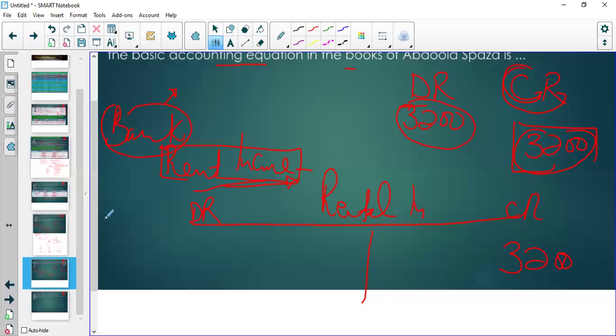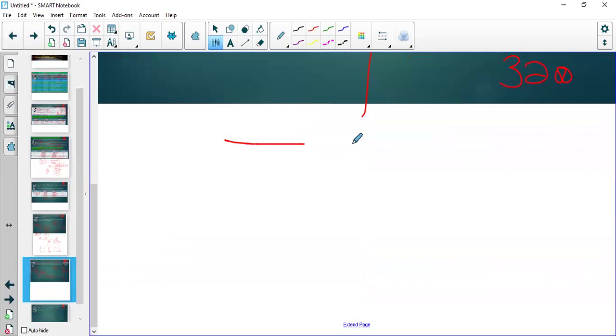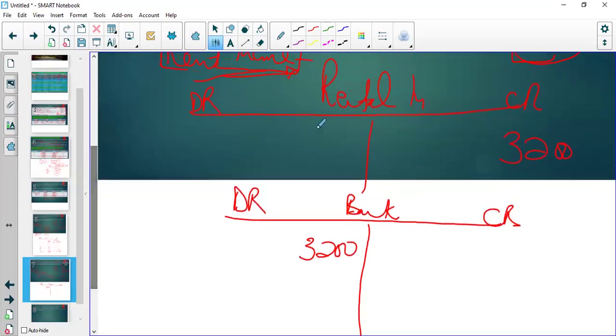We need to record that in the account. We are keeping track of things for the business. So this is my bank account. This is a debit. This is a credit. This is the format of the general ledger. Then on the debit side, I must enter 3,200. But where was the other entered? It was entered in rental income. So I have to say rental income is where the other one was entered.